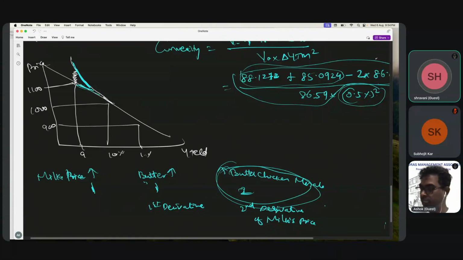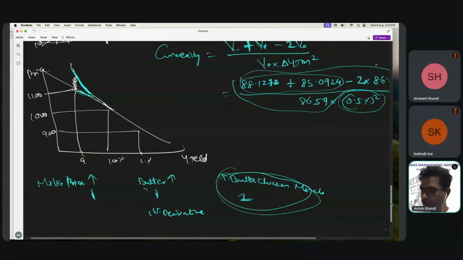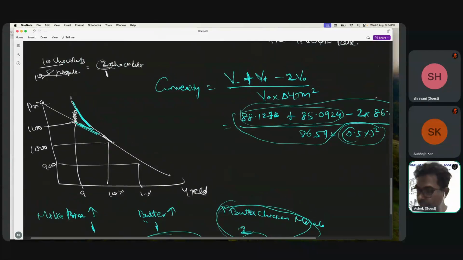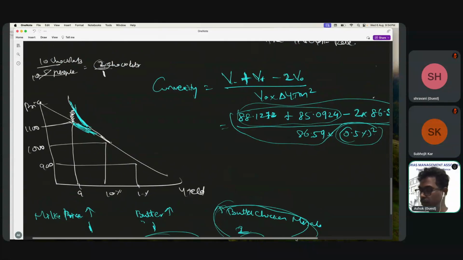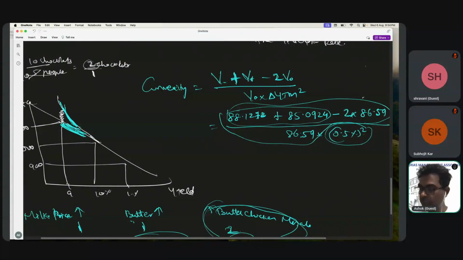Yes, sir. Second derivative means whatever change is happening, finally more changes are happening here. Similarly, the way it is going up here, that much convexity also is going to happen. So duration is the first derivative because of the change in interest rates, and convexity is the second derivative because of the change in interest rates.